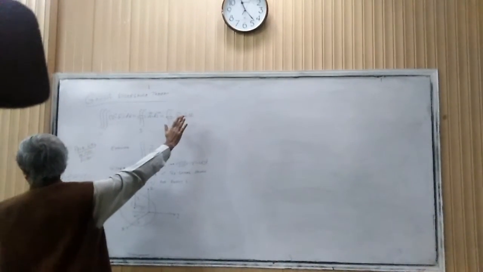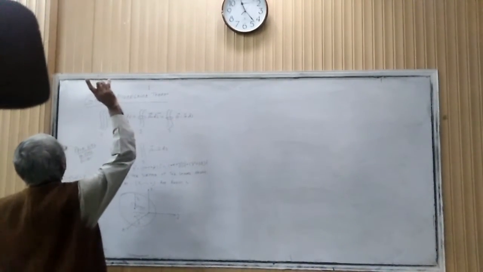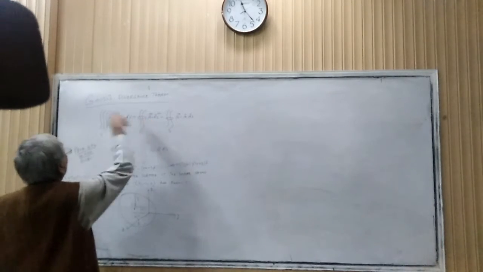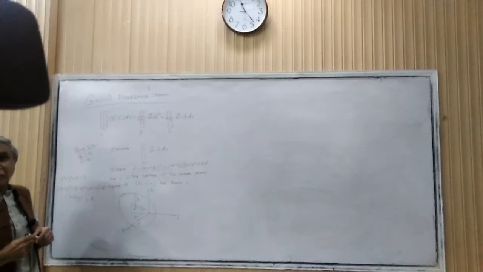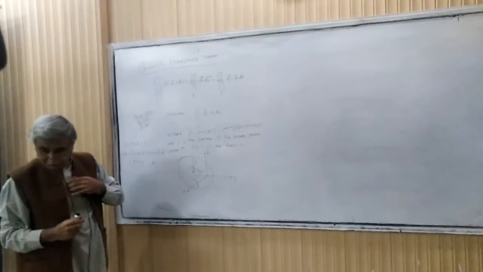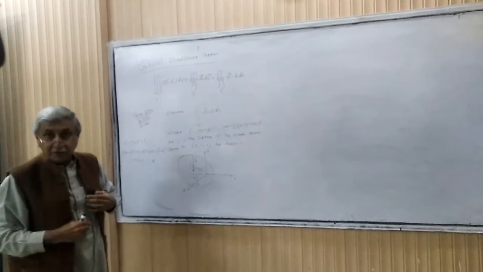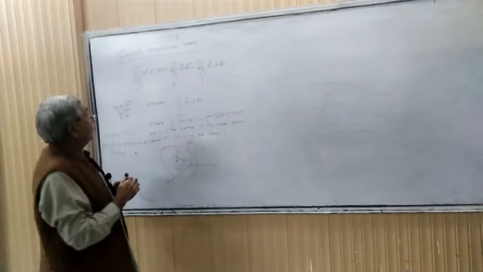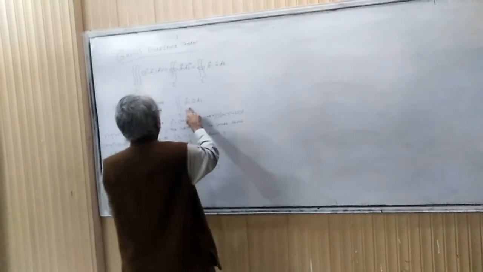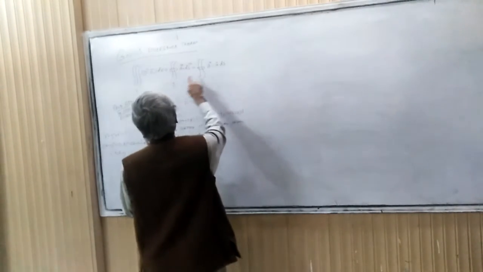Now it doesn't say verify the theorem. You know, last problem we said verify Stokes theorem. Now we say evaluate this. Now it is up to you whether you calculate this side or this side.